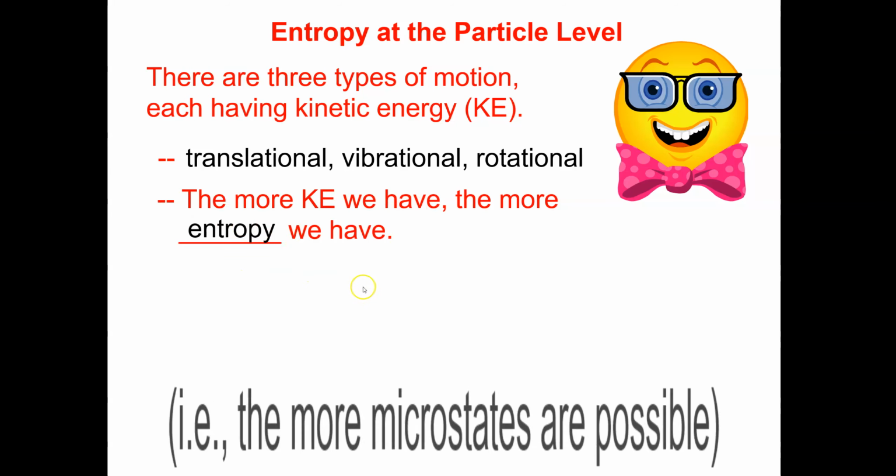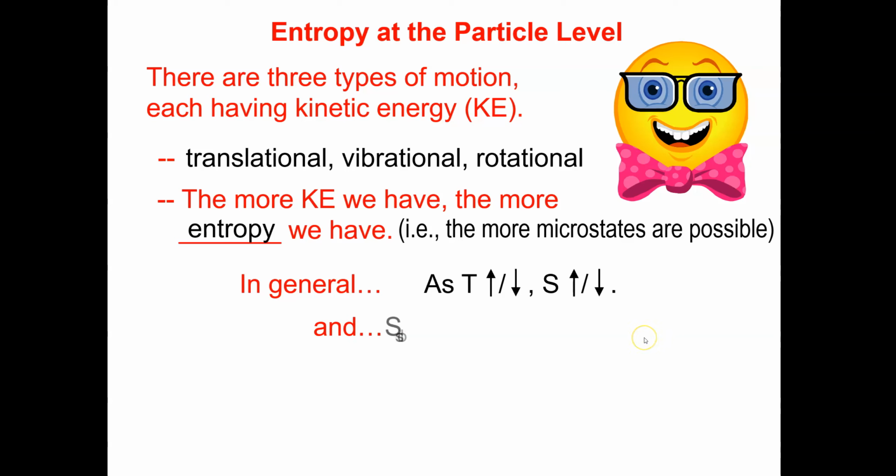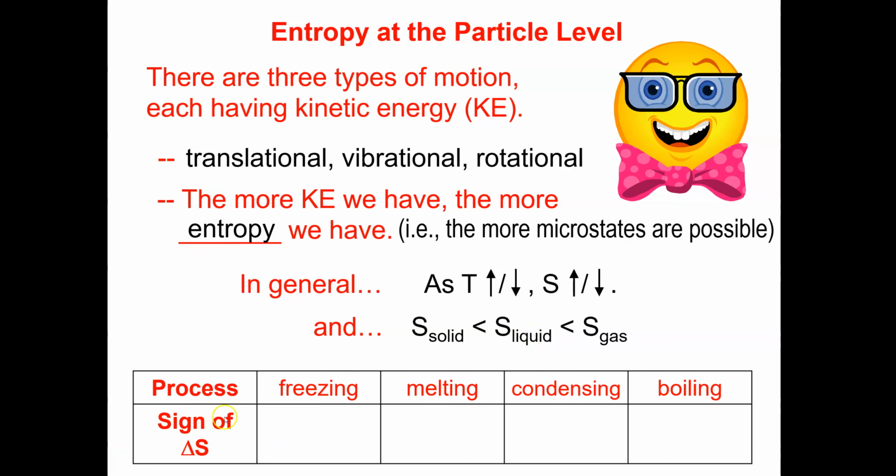Generally, the more entropy we have, the more microstates we have. Entropy increases as temperature increases, because the molecules are moving very rapidly, especially in a gas. In terms of phases, gases have the most kinetic energy, which means their entropy is very high.